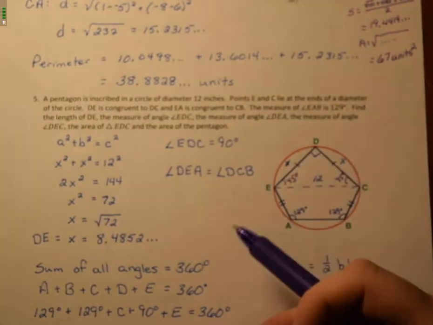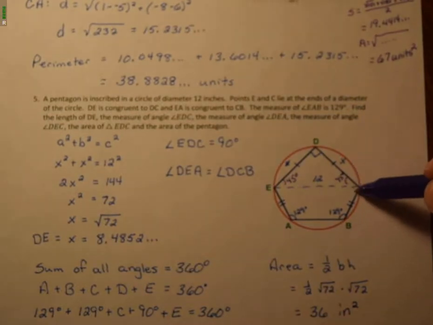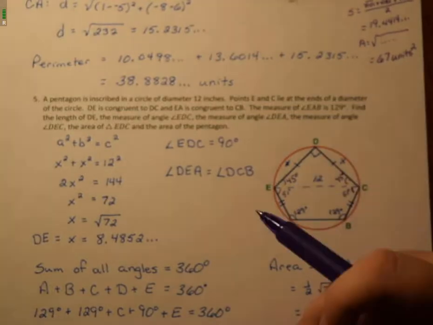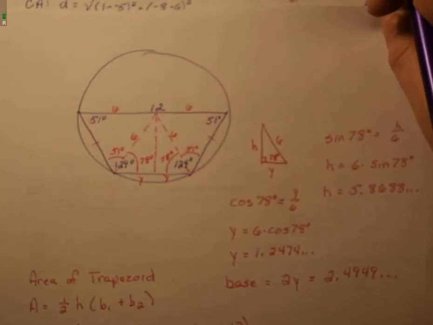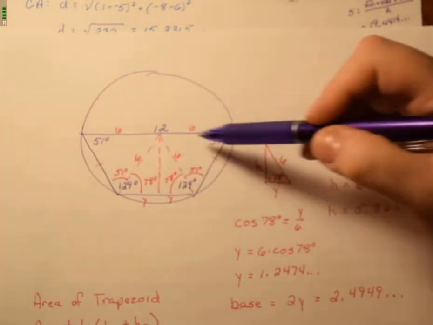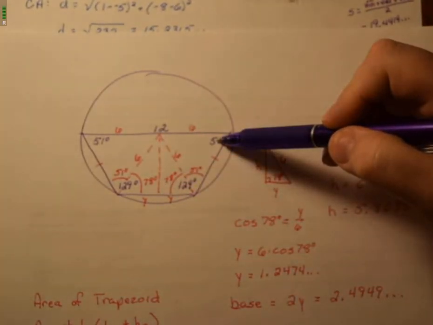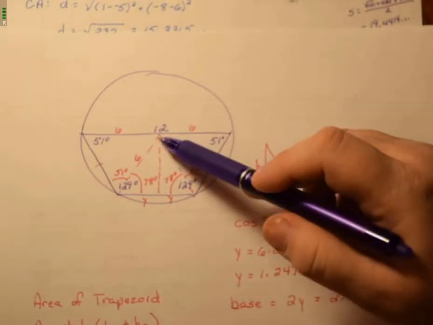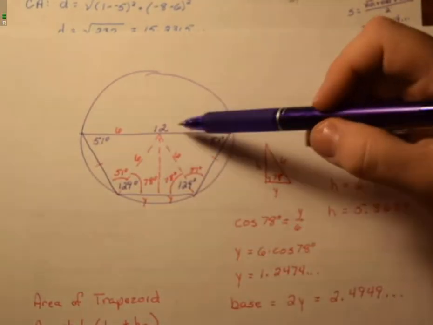If this whole angle is 96 degrees and that's 45 degrees, this one's 51 degrees, and same thing over here, this has to be 51 degrees. So when I drew my trapezoid, I put the 51 degrees in here, and then I drew 2 radii.